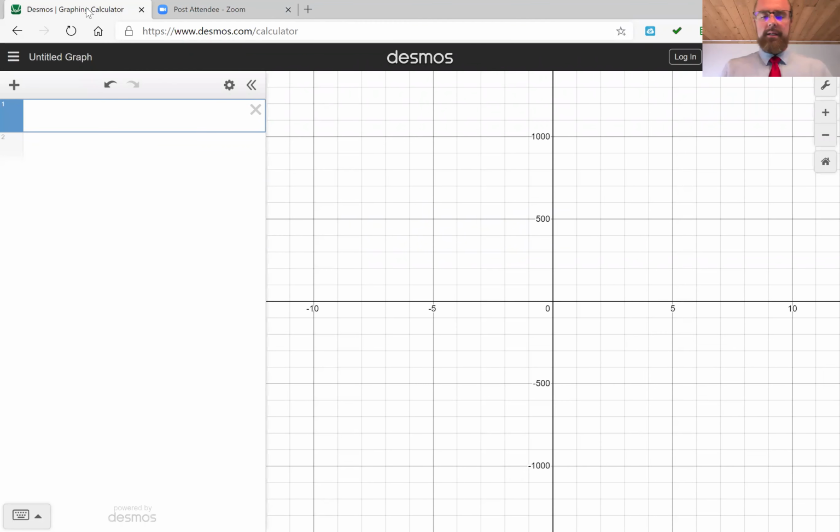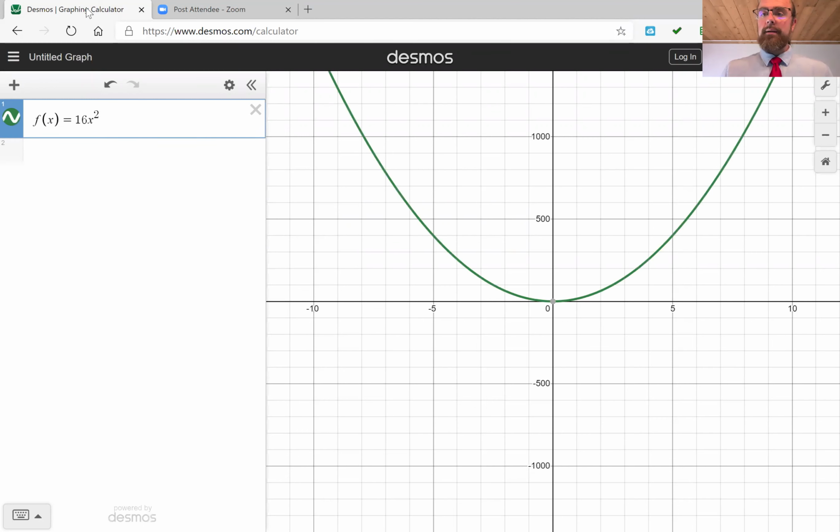I'm going to type in S at t, but I need to do this in a Desmos friendly way. So I'll call it f of x equals 16x squared. So I'm using the variable x, but it's referring to time.